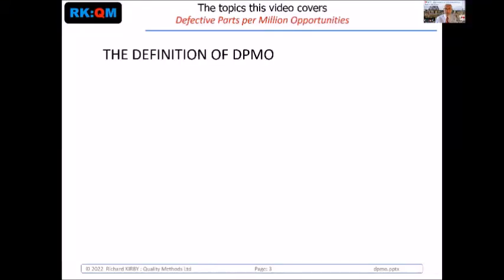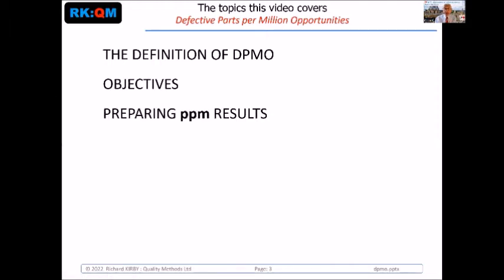There will be 5 topics covered in this presentation: the definition of DPMO in its simplest form, the objectives or how DPMO is used by various groups, how to calculate the statistic PPM, which is needed for calculating DPMO.